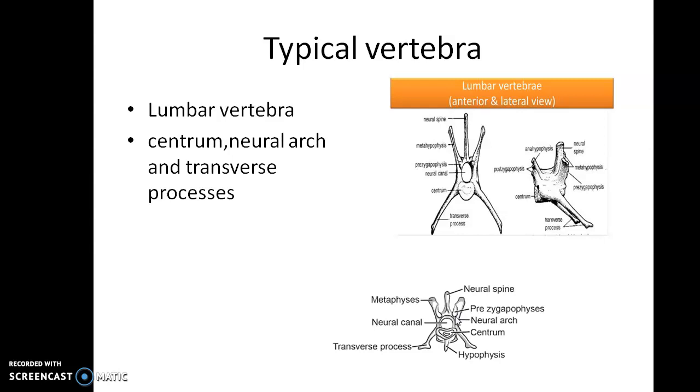Neural arch bears a neural spine, and there are 2 lateral transverse processes. So, in the case of a typical vertebra, there is a centrum.